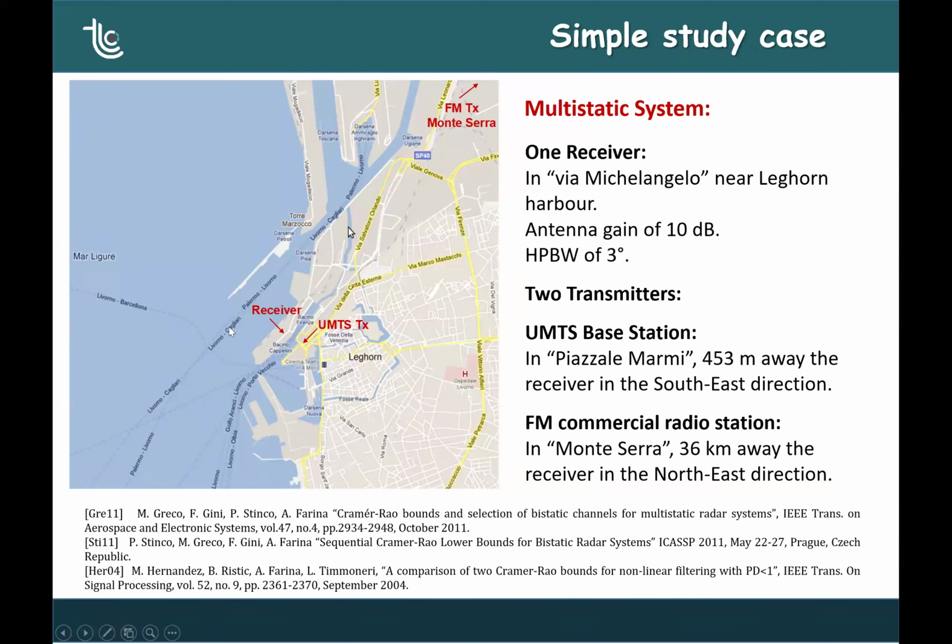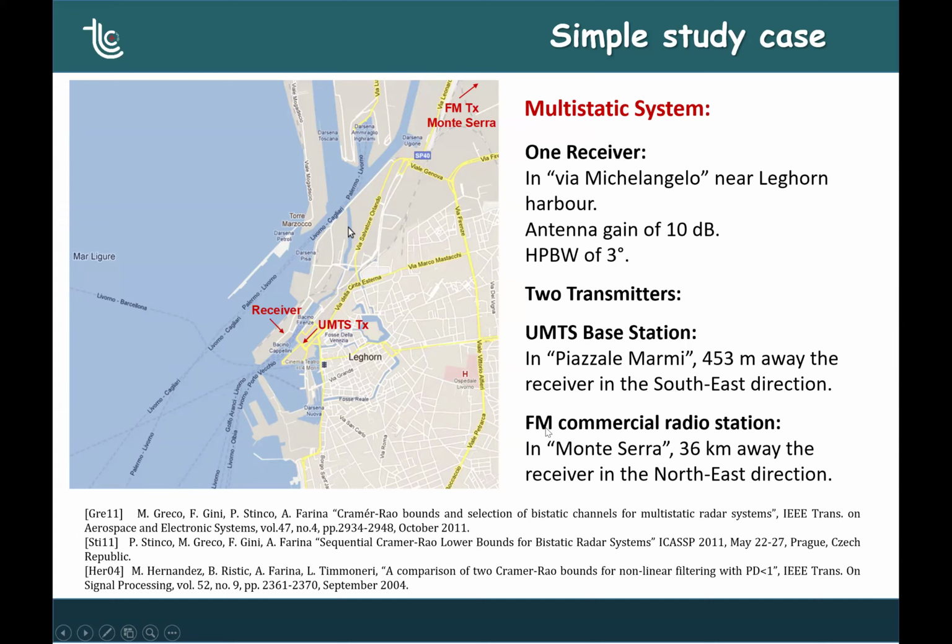And then we have a bistatic passive radar here where there is a receiver, okay? The antenna gain of the receiver is 10 dB with a beamwidth of 3 degrees, okay?